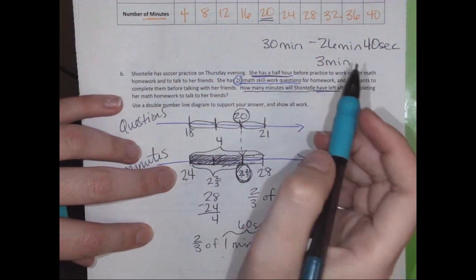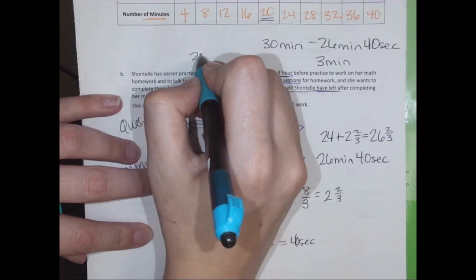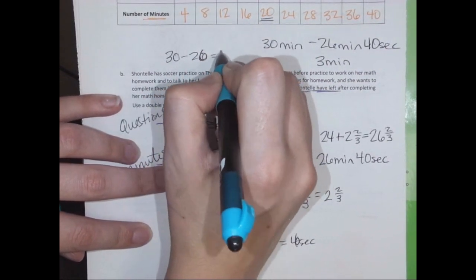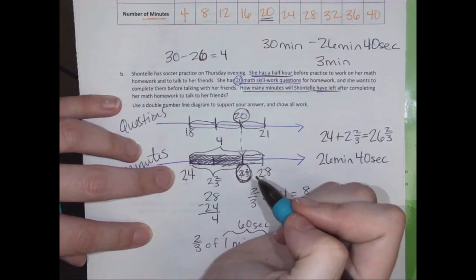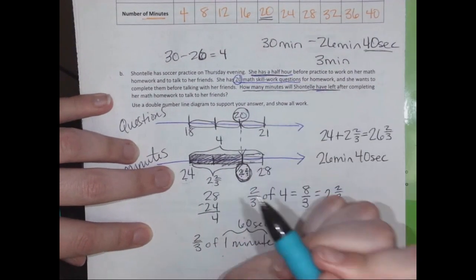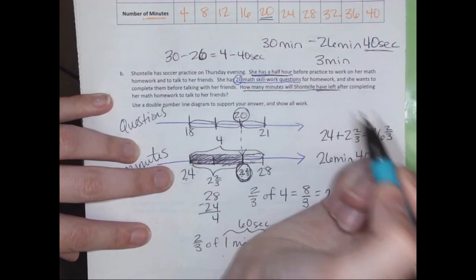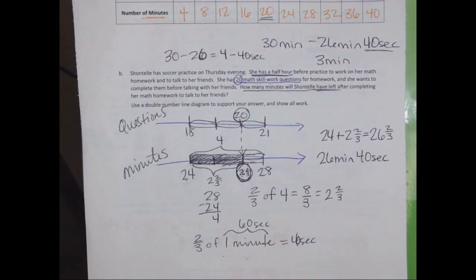Okay, so 30 minus 26 is 4, right? 4 minutes. Well, we still have to take away 40 seconds. So 4 minutes minus 40 seconds is still less than 4 minutes.